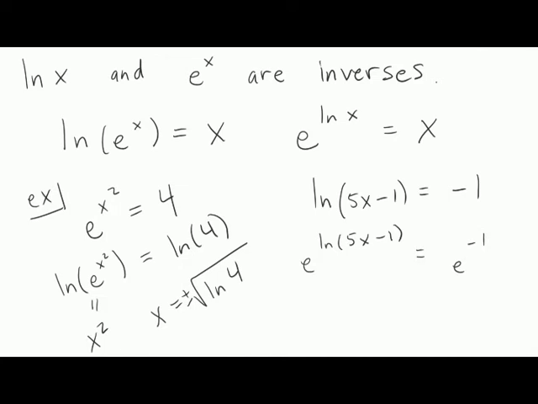And again, using these inverse properties, this just simplifies to 5x minus 1. The right-hand side was e to the minus 1, which is just 1 over e. At this point, we just add 1 to both sides and divide both sides by 5 to get that x is equal to 1 over 5e plus a fifth.